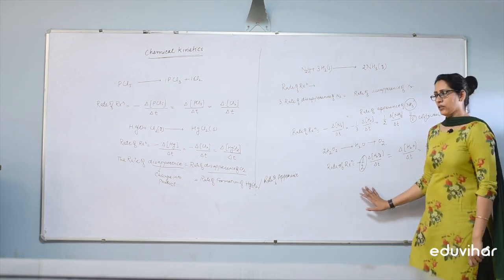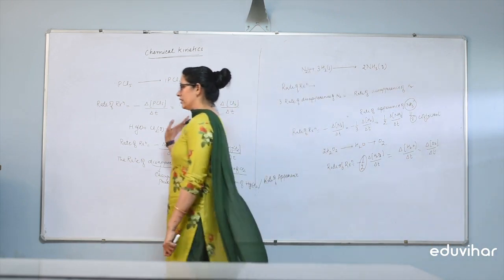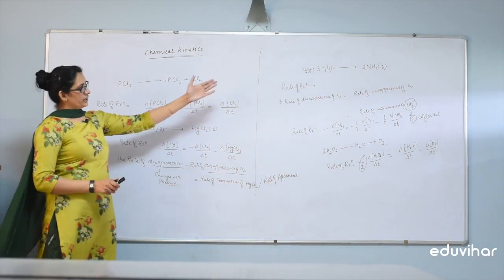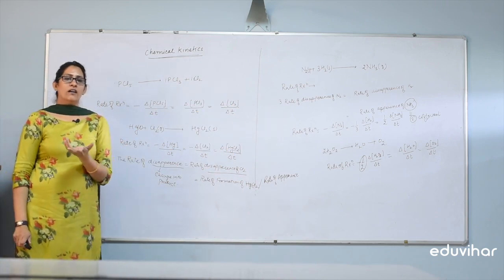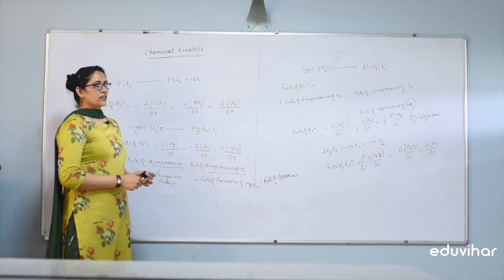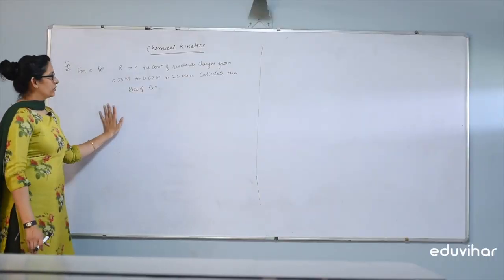Is it clear? I think it is clear. This is the mathematical expression for all reactions for which we have to calculate the rate. So, okay, we solve a numerical.